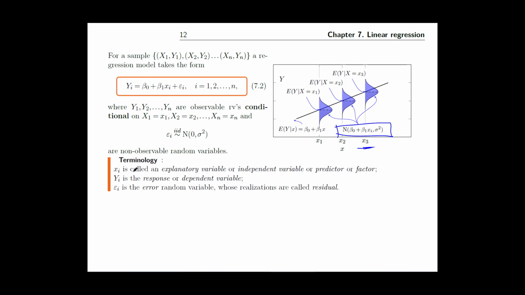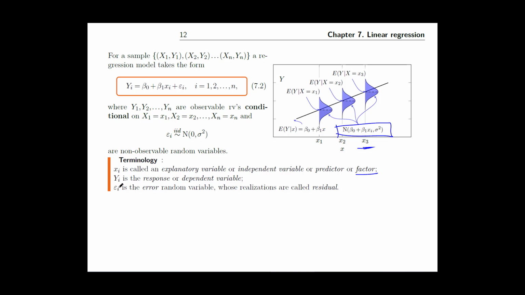Now, some terminology: the xi's are typically called explanatory variables, independent variables, predictors, or factors. So we have a lot to choose from. I typically like to use factors for some reason. And the yi is the response variable or the dependent variable.